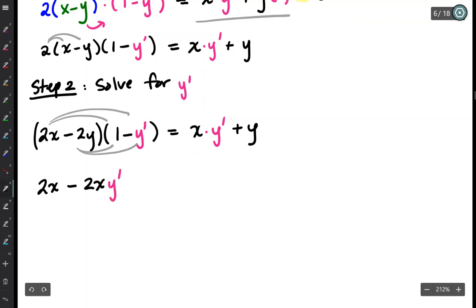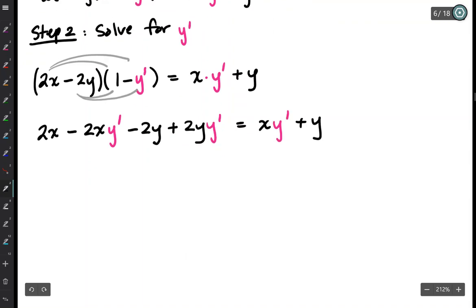Minus 2y times 1 is minus 2y, and minus 2y times a minus y prime is plus 2y y prime is equal to the right-hand side.